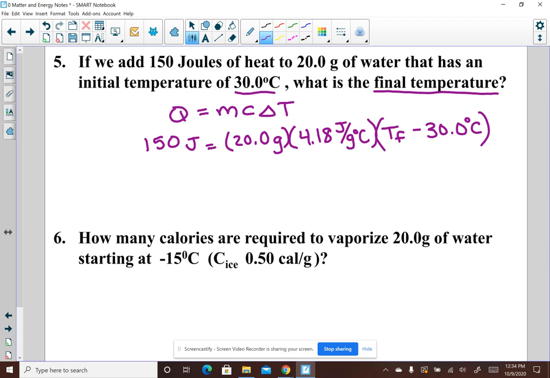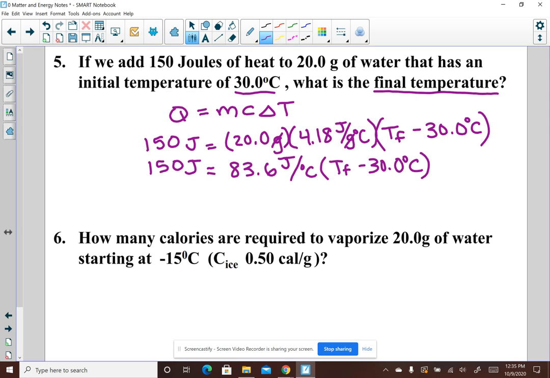Okay, so the first thing I like to do for this, I like to just rewrite it where I multiply the 20 times the 4.18 and I get 83.6. And when I do that, I'm getting rid of the grams. One's on top and one's on bottom. So right now my units are just joules per degree Celsius, times final temperature minus initial temperature.